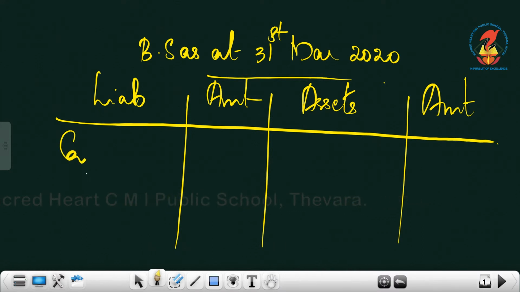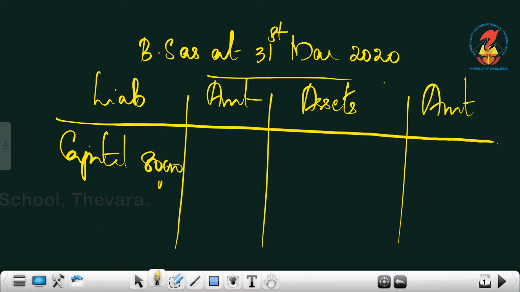We'll start with capital, that's in the order of permanence. Capital figure you take from your question, it is 80,000. Then we have a net profit, isn't it? Yes, net profit of 32,100. Hope you all got the same figure.